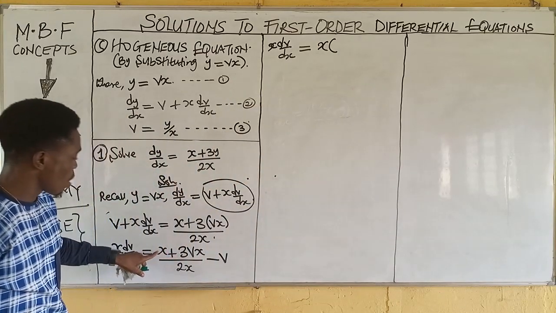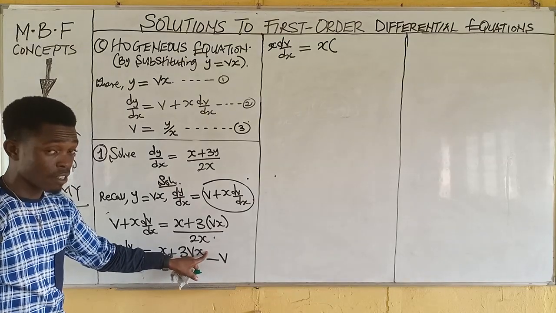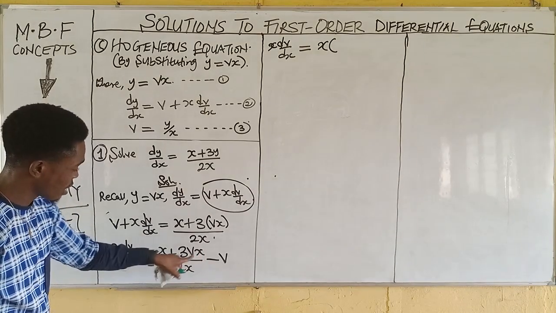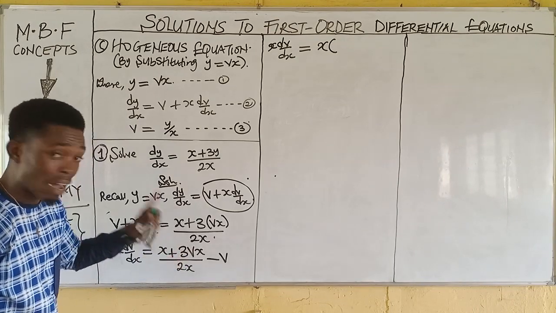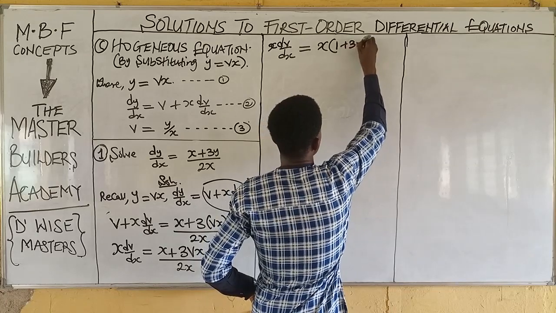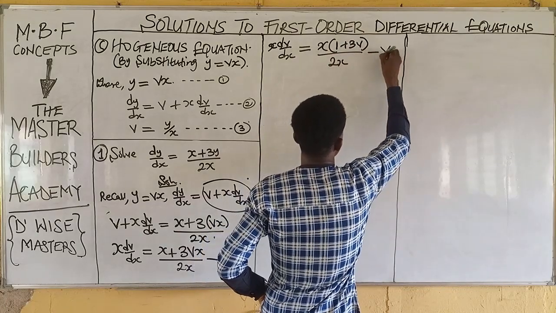Now, since x is common, if I remove x from here and remove x from here, guys, I'm going to have 1, and divide this also by x, I'm going to have 3v. So this will give us (1 plus 3v) all over 2x, minus v.